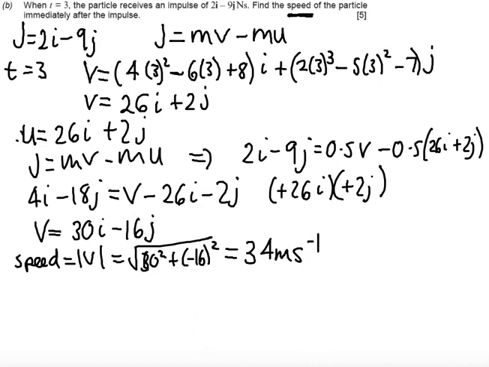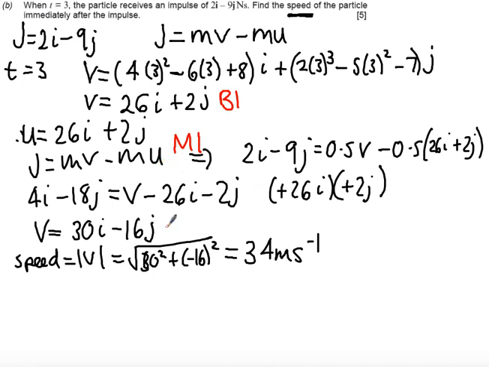Okay, let's have a look at how the marks are awarded in this question. We get a standalone method mark for correctly calculating the velocity at time equals 3 as 26i plus 2j. There's a method mark if we attempt to use the impulse is mv minus mu, that change in momentum.